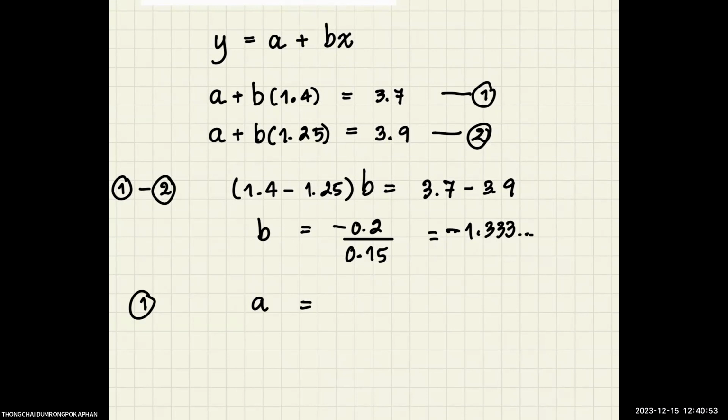From equation 1, a is 3.7 minus b, which is minus 1.333, times 1.4. So you get the values of a and b.